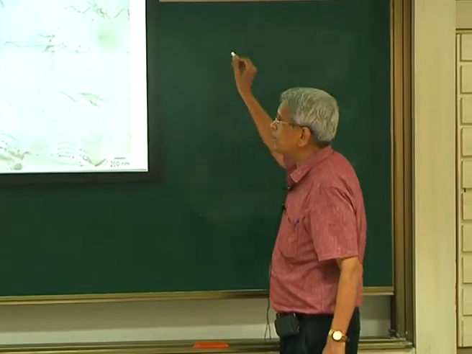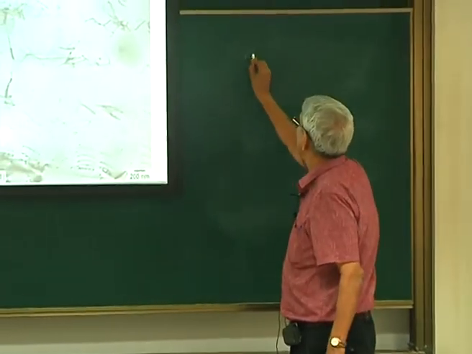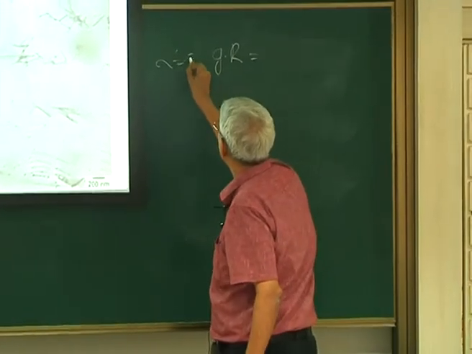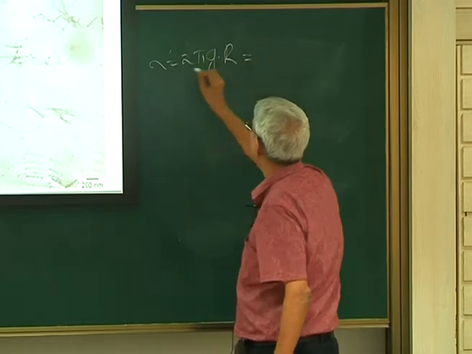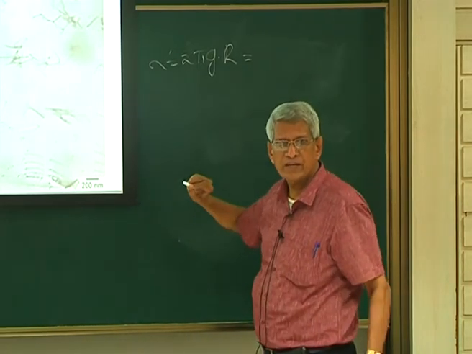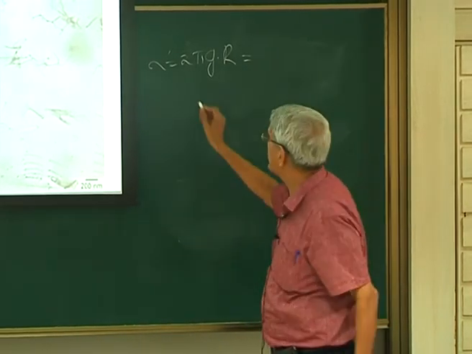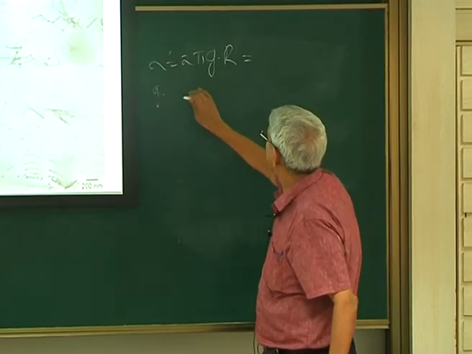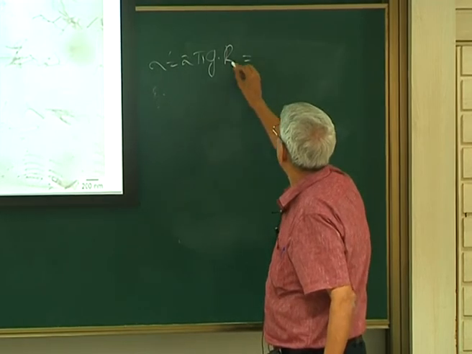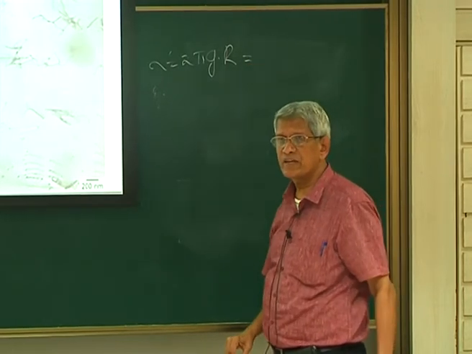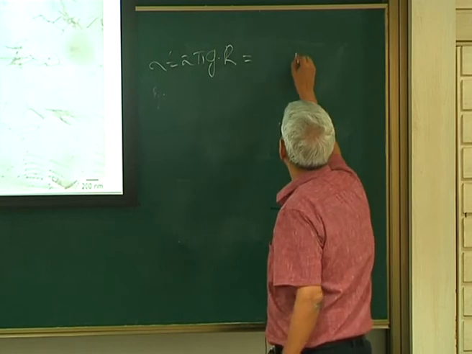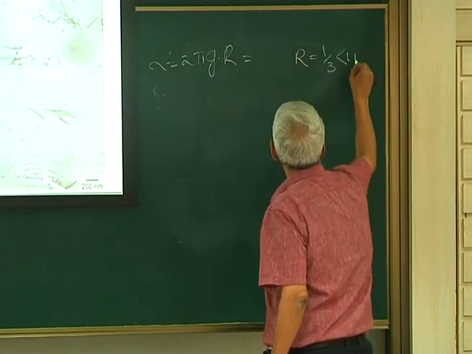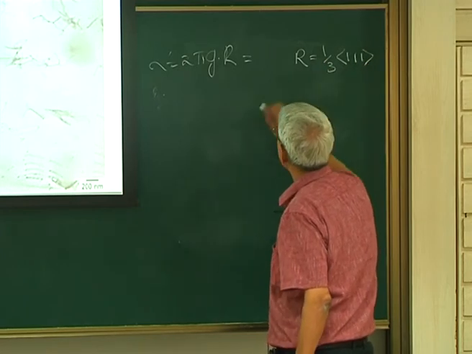See, what is the condition? The phase angle alpha equals 2 pi G dot R, and this should be equal to 2 pi times an integer, 0, correct? That is the condition for invisibility, G dot R has to be zero, right? So, what is R in most of the cases? R for stacking faults is 1 by 3 1 1 1, correct?